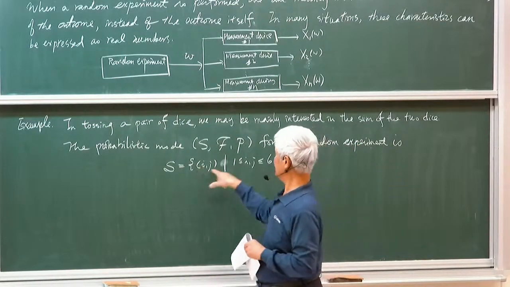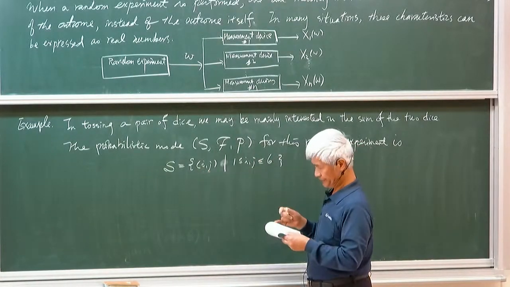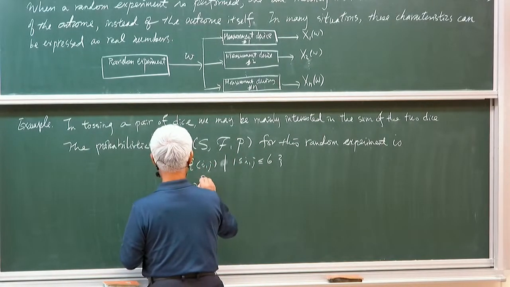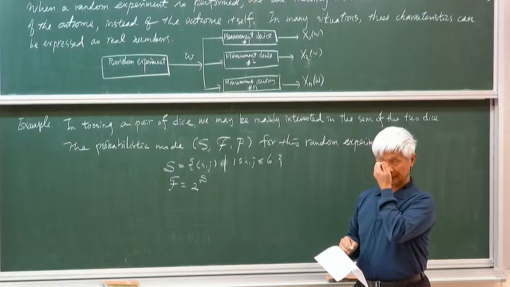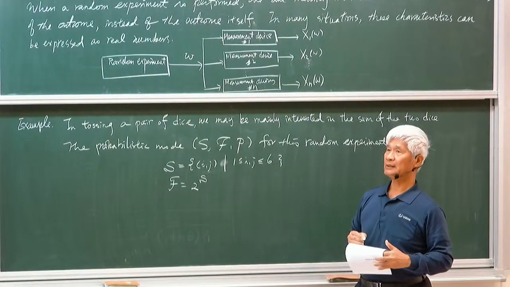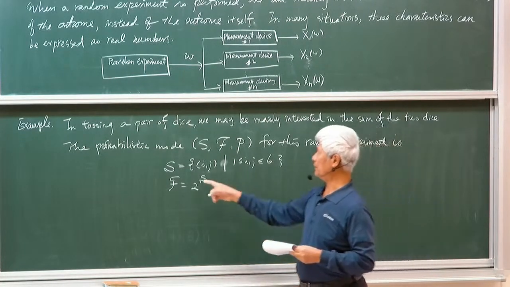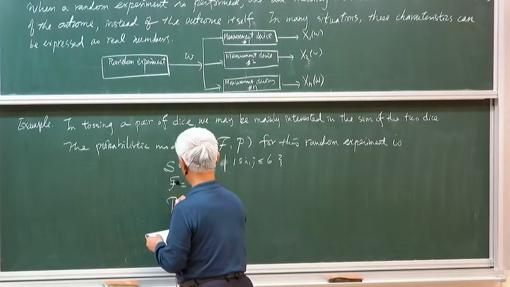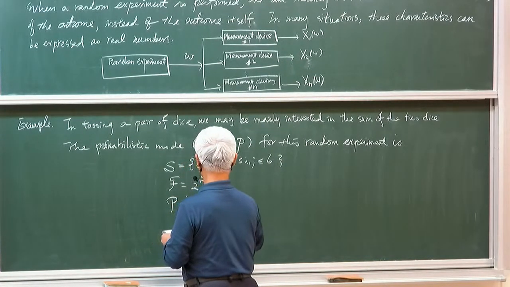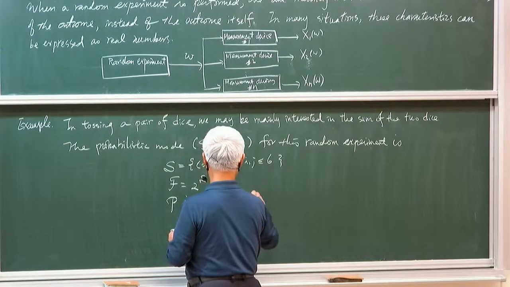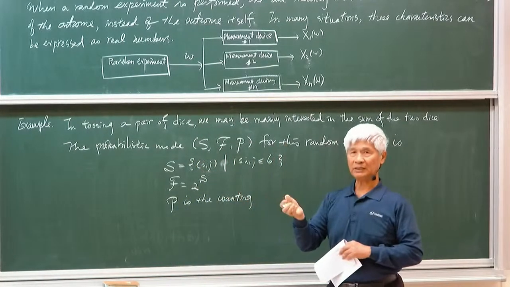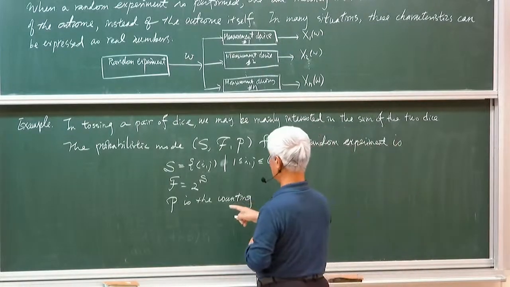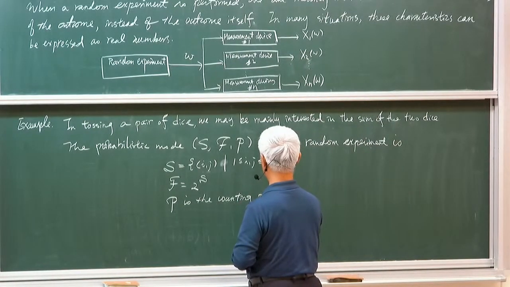So the outcome is here. And because the sample space is a finite set, the sigma algebra is usually taken to be the power set of the sample space. And P is the counting probability function, because each outcome has equal probability. So we usually take the counting probability function.